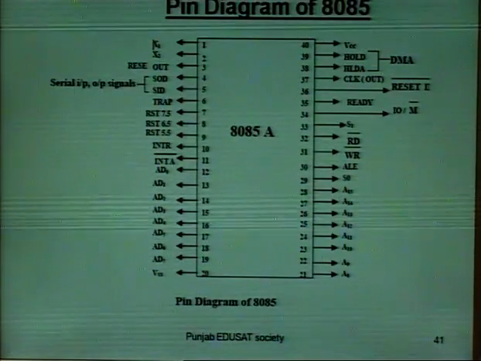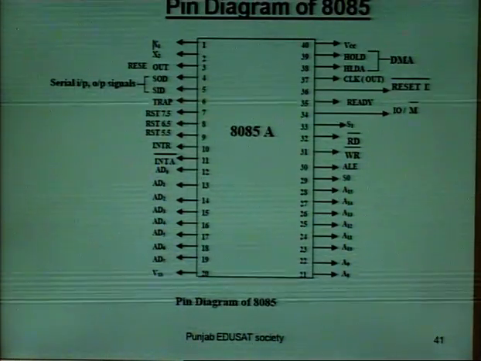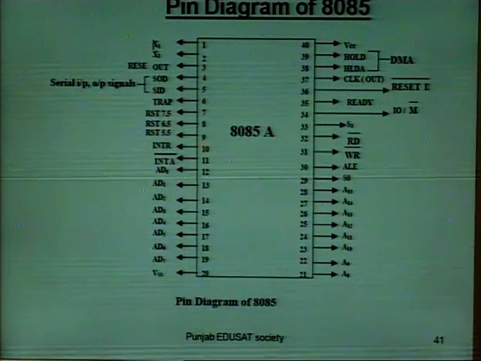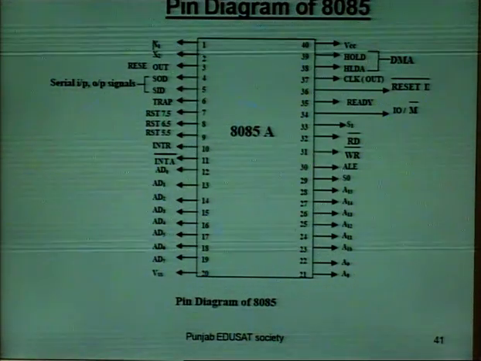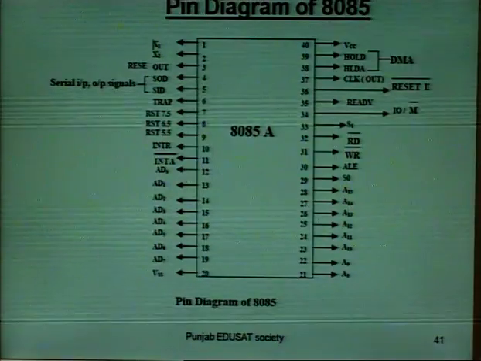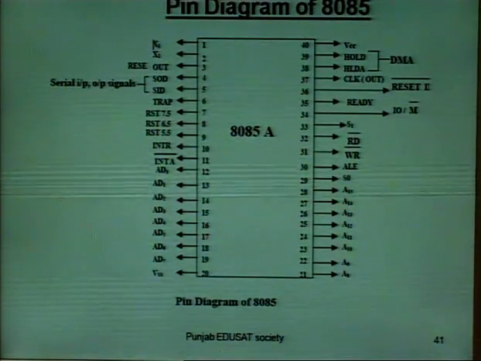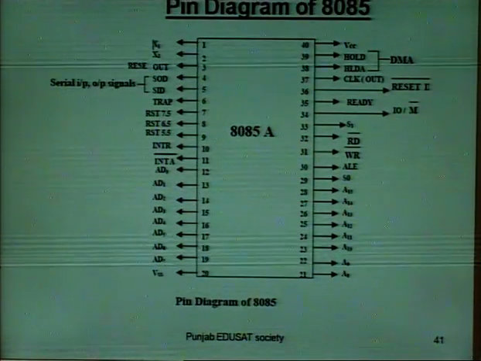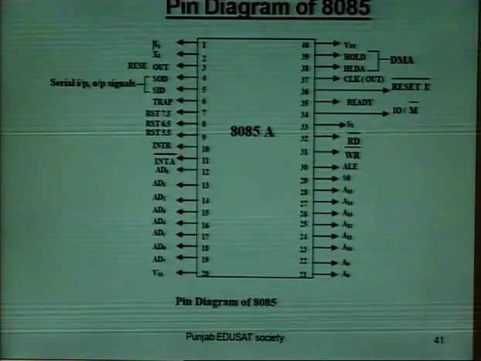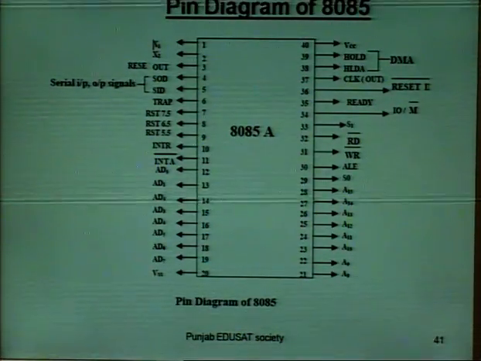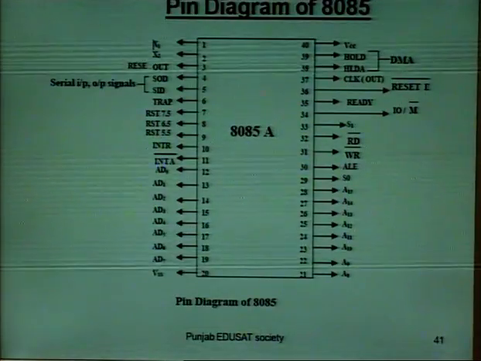It becomes high in the first clock cycle of each machine cycle. When it becomes high, it indicates that the contents of the low order address bus is address.